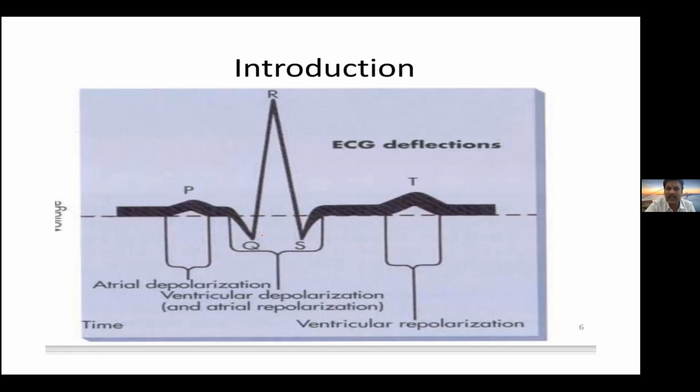Because it is contracting at the same time and in unison, the stroke volume is very high and the cardiac output is maintained. So this QRS complex is the electrical activity happening in the ventricle, and the ventricle is getting filled. The pressure in the ventricle is trying to increase because the aortic valve and pulmonary valve are closed at that point of time.